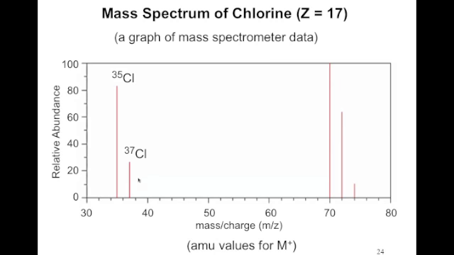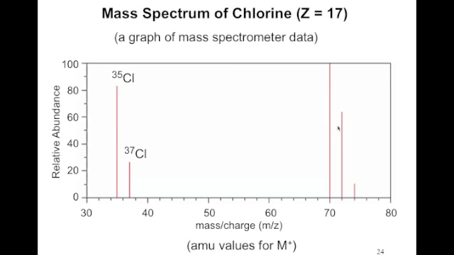Right? So we can identify what these two are. Now, these two peak heights describe the relative amounts. In the beam, we have roughly 3 times as much chlorine-35 as we do chlorine-37. So this also provides you with fractional abundance information, which is what we need to calculate molecular weights.